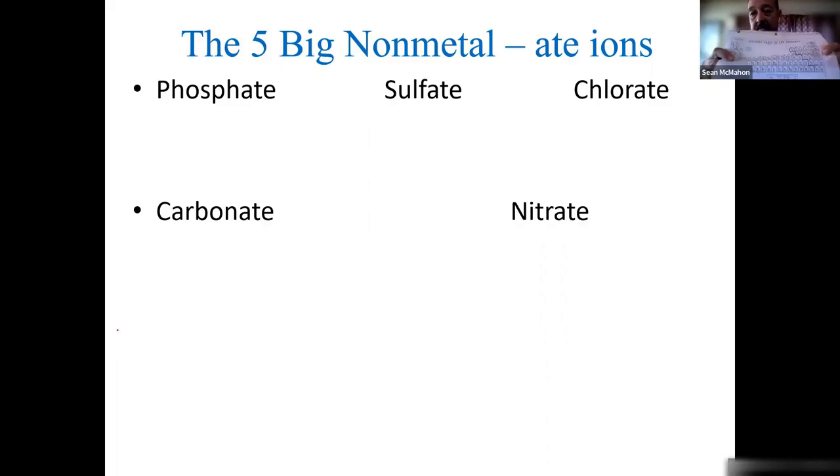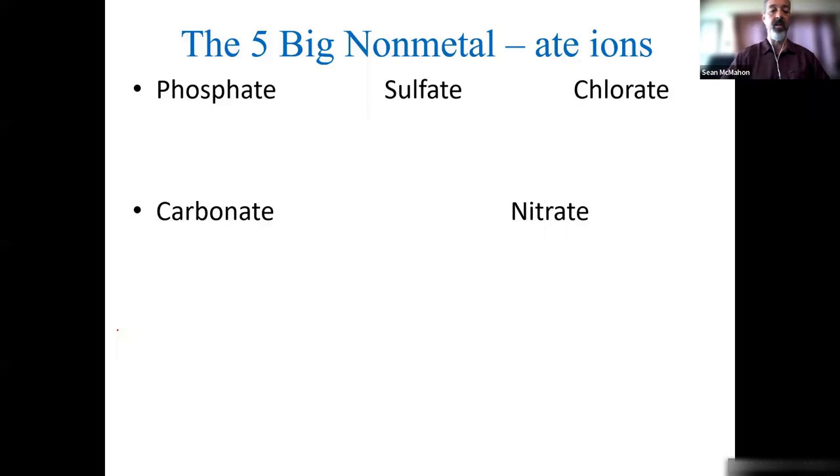Periodic table. I want you to get a periodic table out. Now, for the nonmetal eights, what do I mean? This trick only works on the right side of that staircase. If the central atom, the nonmetal, is on that right side of the staircase, it's an oxyanion and this trick will work.